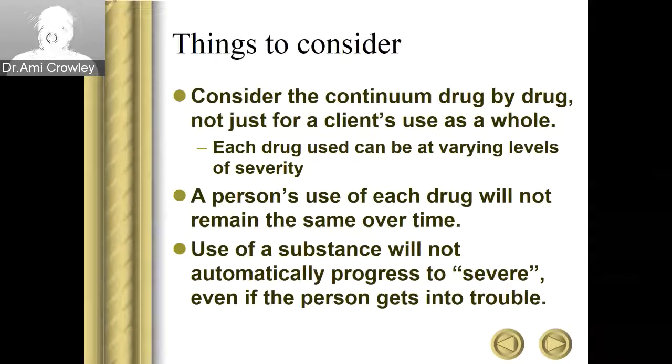So we also don't want to get stuck in the binary of feeling like a client either isn't using or their use is severe, and that's the only time they're going to have negative experiences or harm in their life.